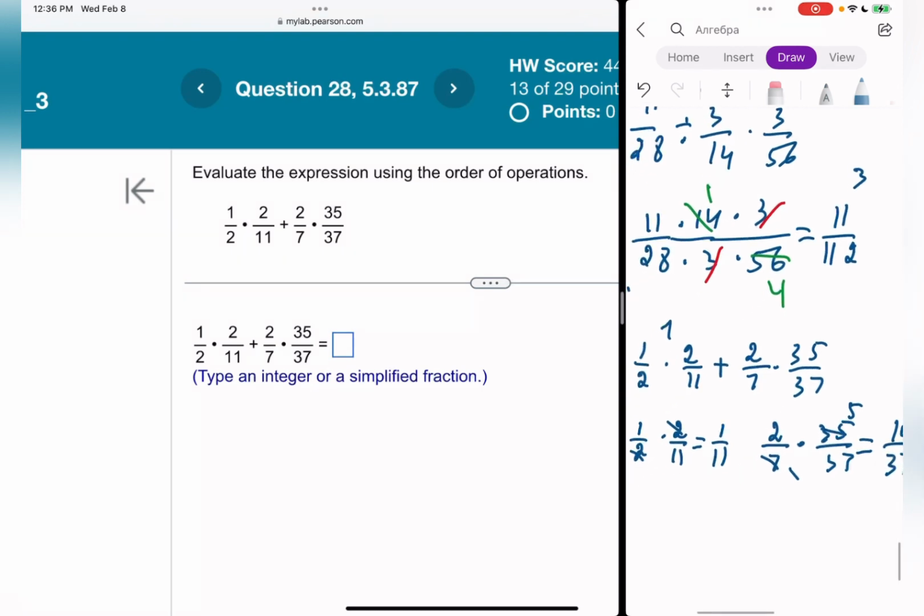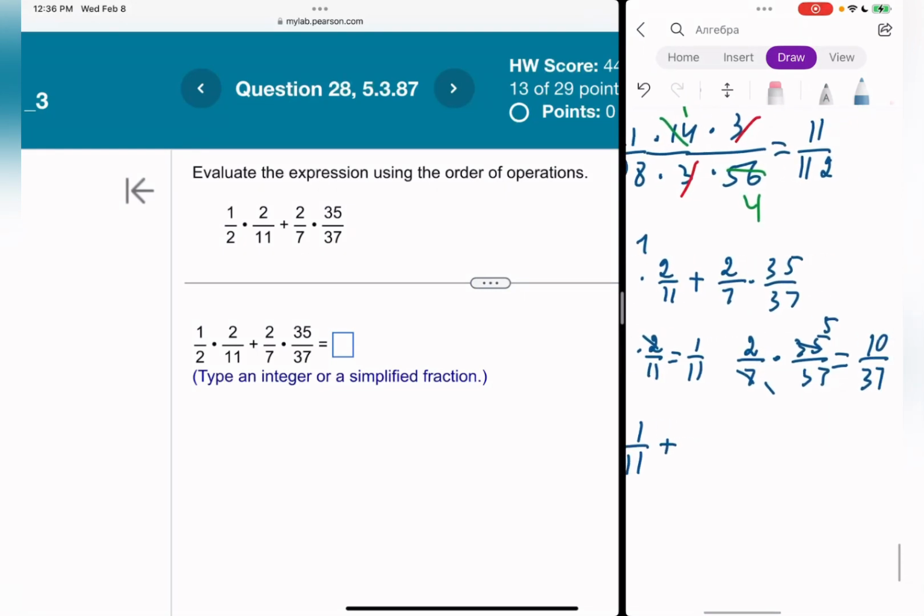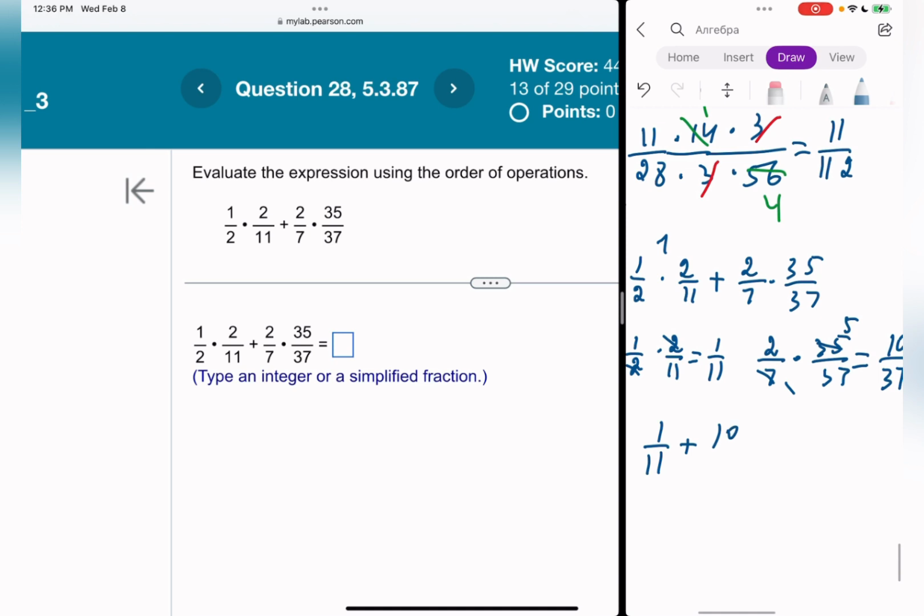Okay, next I'm going to do 1 over 11 plus 10 over 37. Good luck with that. 37, I think, let me see, which is a number I multiply, I get two same digits, like 88, 99, because those are the only numbers that can divide by 11. Let me see, I don't think so.